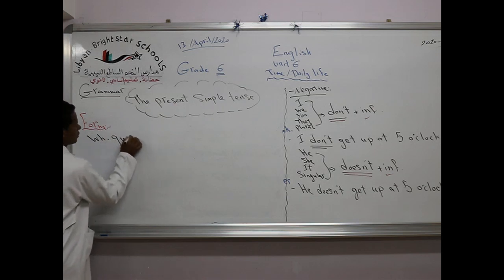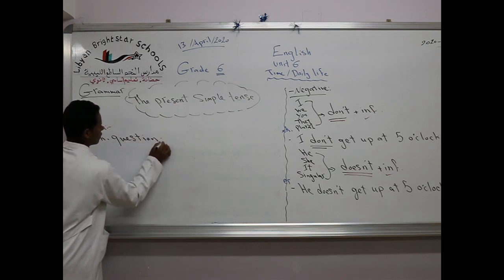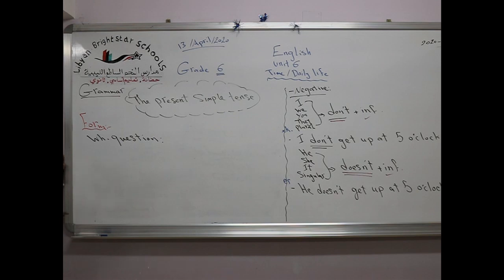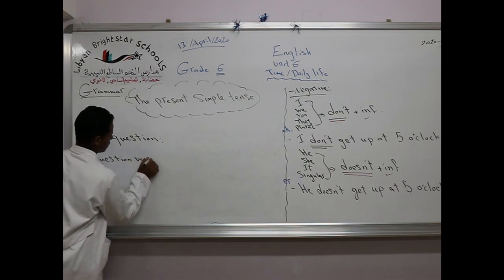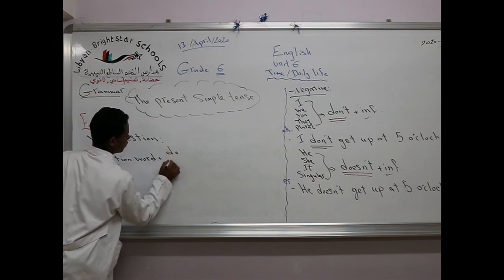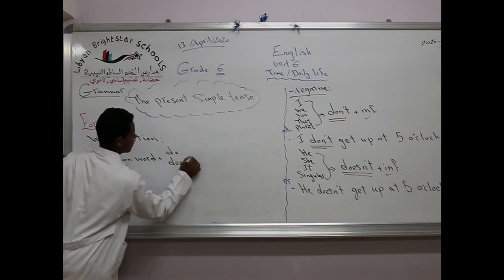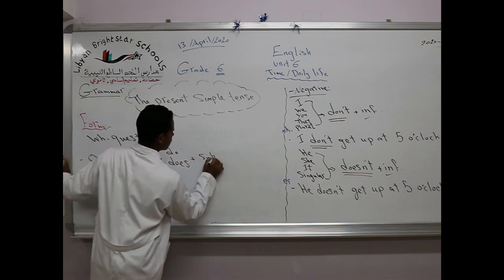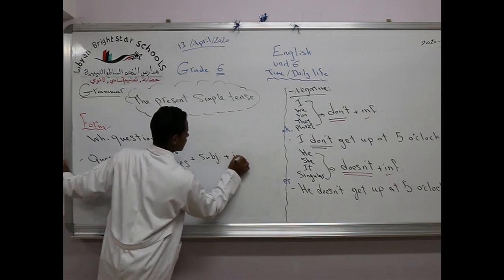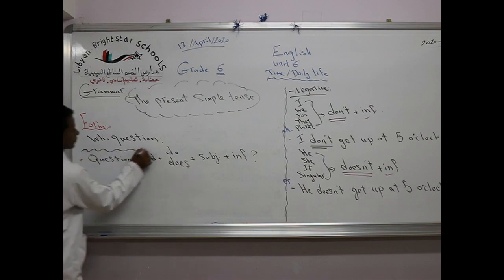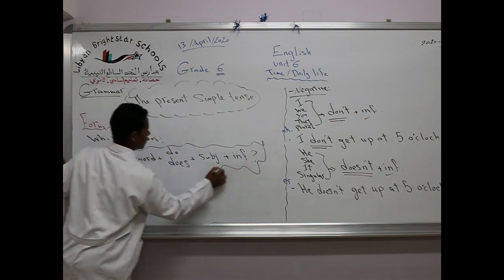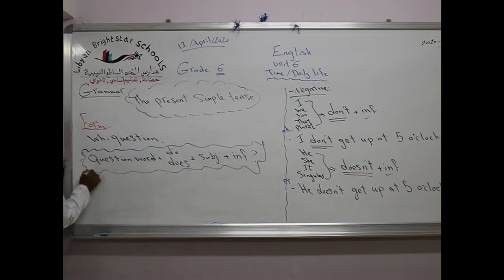A WH question is formed from a question word plus do or does plus the subject plus the infinitive of the verb. That's the form of the WH question.